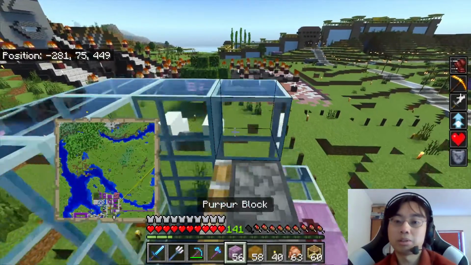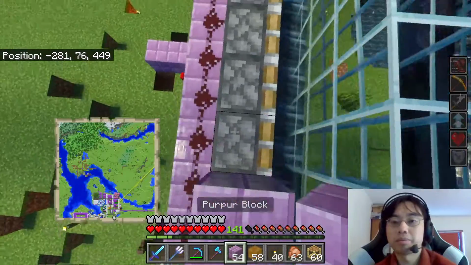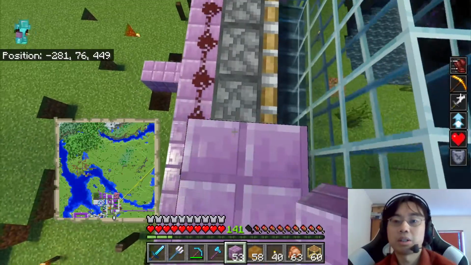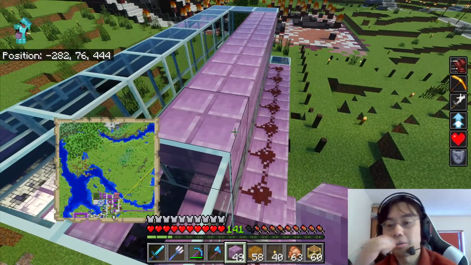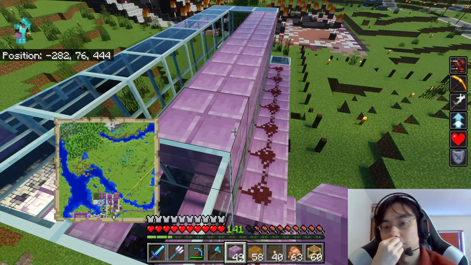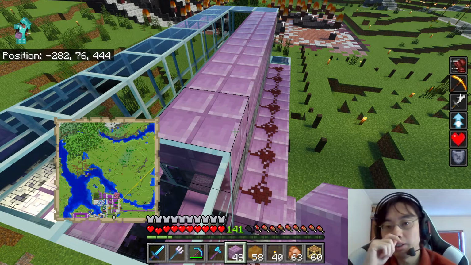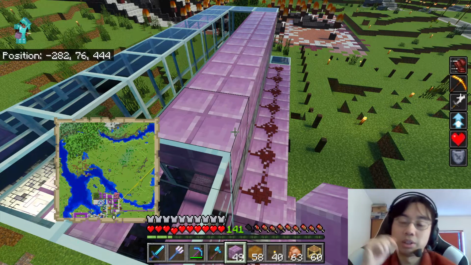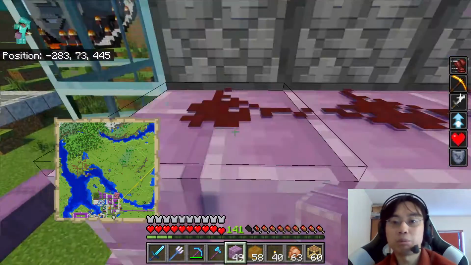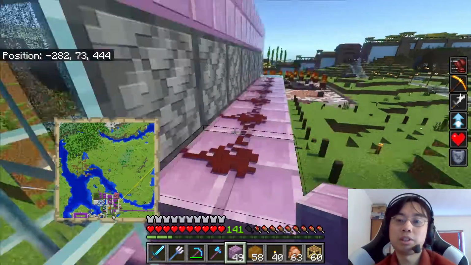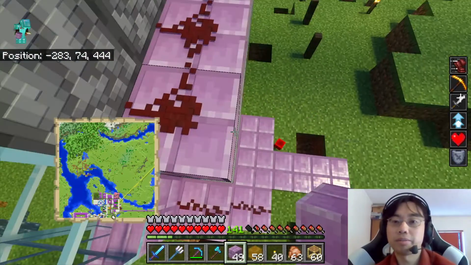If these are blocks, and then if we repeat it into the blocks, then it'll power the things below, but we can't put repeaters there because we have this redstone here.